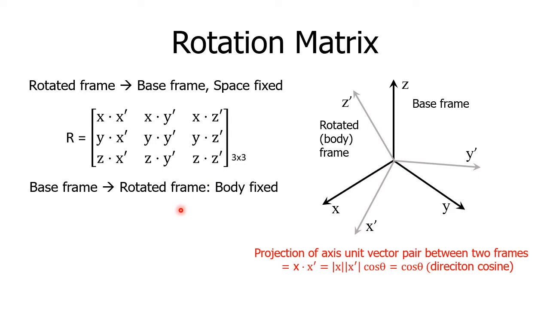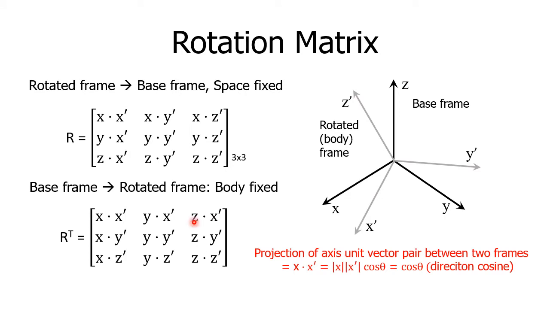We can also transform base frame back to rotated frame. The rotation matrix in this case is called body fixed. Here, the first column is the projection of X onto X prime, Y prime, and Z prime. And the second column is the projection of Y onto X prime, Y prime, and Z prime.